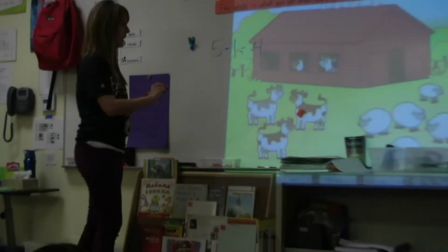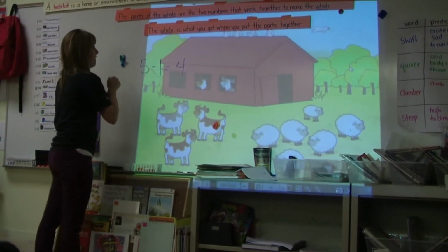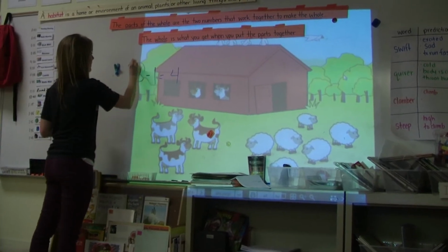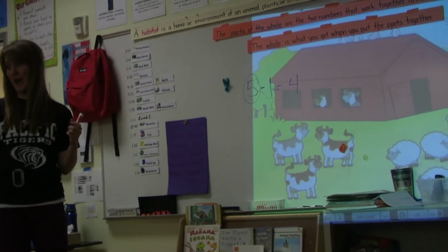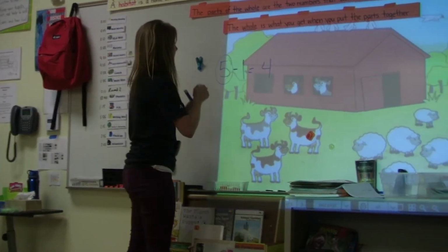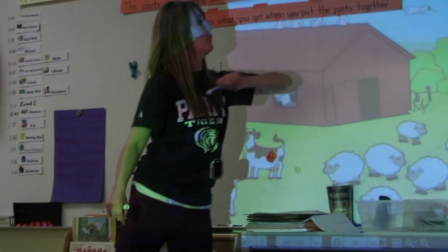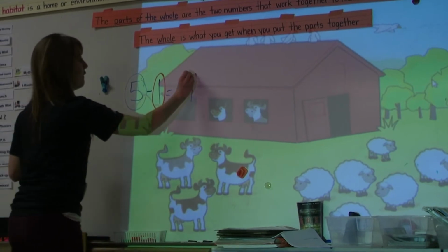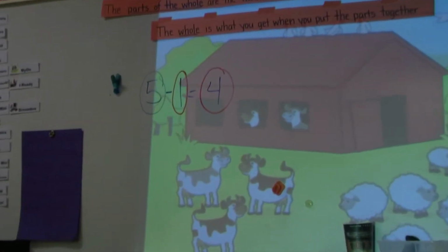So when I look at my subtraction sentence, I know that since I started with 5 birds all together, that is the whole, because it's the number that I started with. Brian, did you know that? Yeah. So one of the parts is 1, because that's the bird that's flying away. The other part is 4, because those are the birds that are left over. Okay, does that make sense?